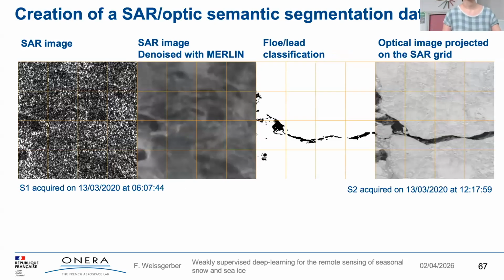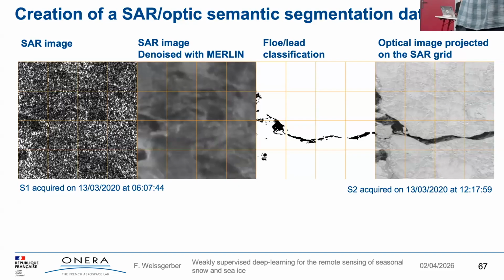Here I show you a SAR image, with the Sentinel-2 image projected on the Sentinel-1. It's a bit in the same idea as what SWAN did. From this Sentinel-2 image, we get a label of where the leads are, but not very precise, and it's very hard to get that from the Sentinel-1 image.